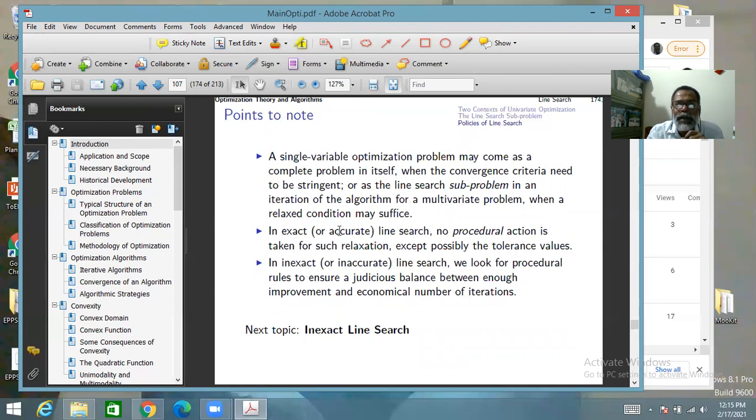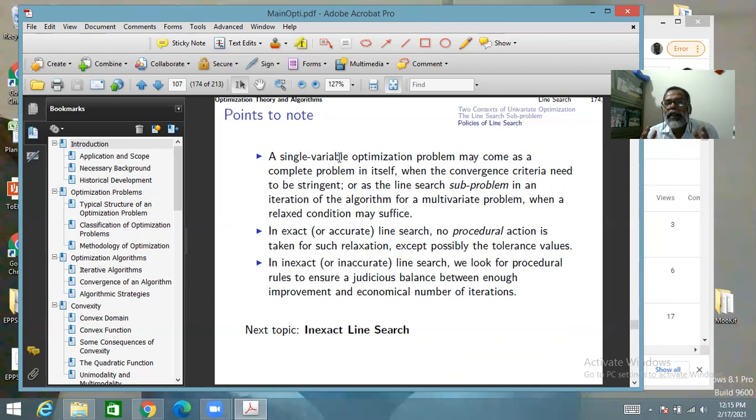Right now, to summarize what we have done in this particular little lesson, first of all, we have to understand the two different contexts of single variable optimization. So if the single variable optimization problem appears as a problem of its own with its own application, then we have to solve it up to the best standards of accuracy.